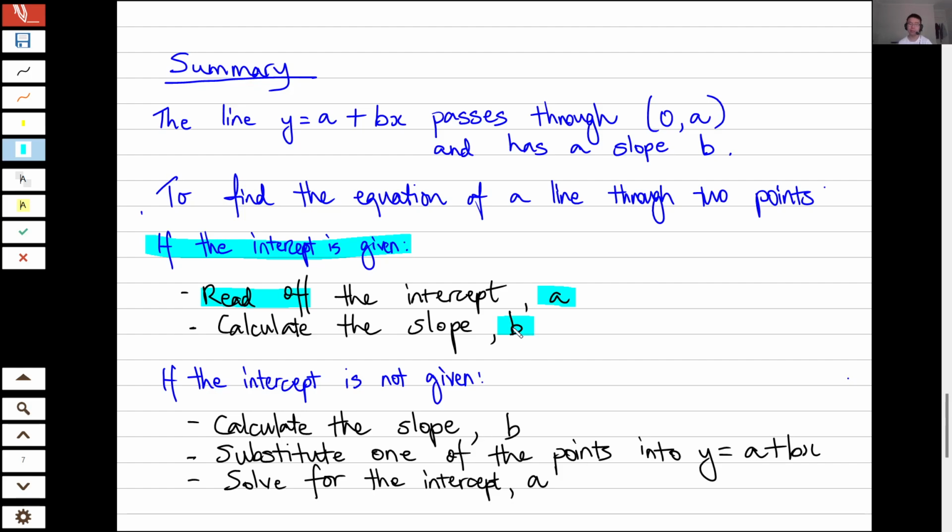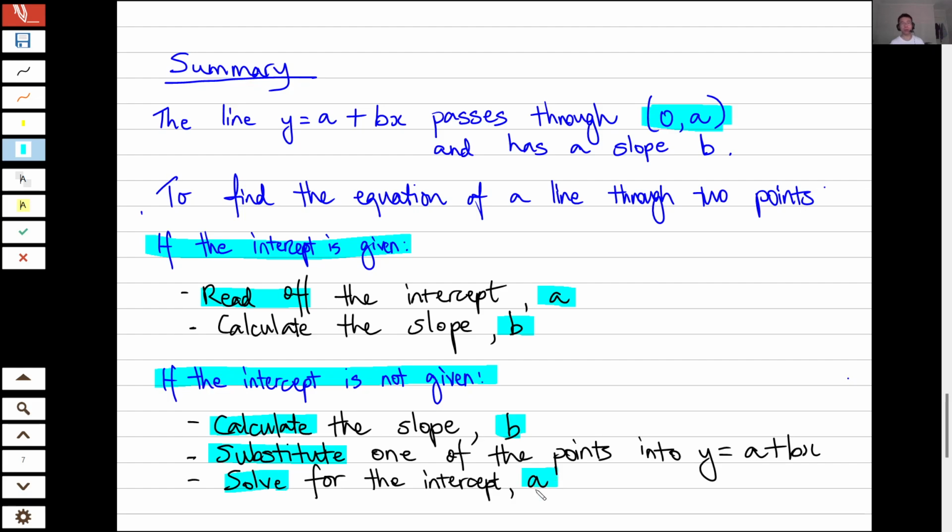However, if you are not given the intercept, so that means you don't have a point that can be written in the form 0, a, then you can't read off the intercept. So you'll need to start by finding b, and then you'll need to substitute one of the points into the equation y equals a plus bx, and then solve for a.